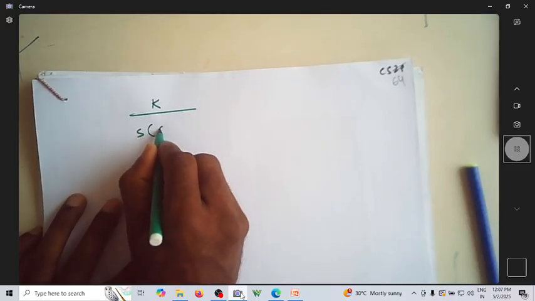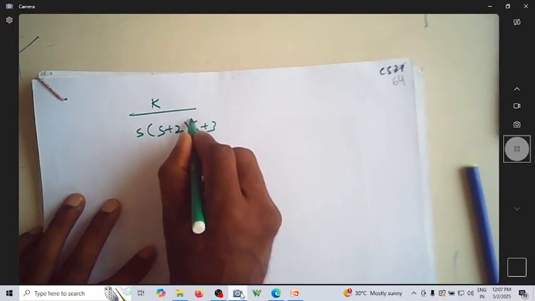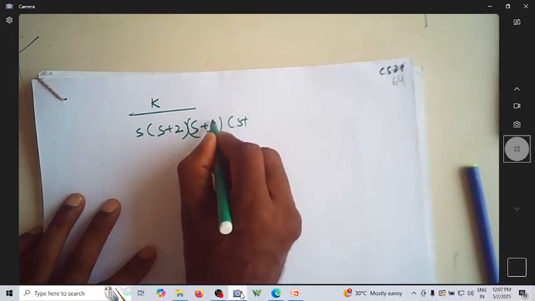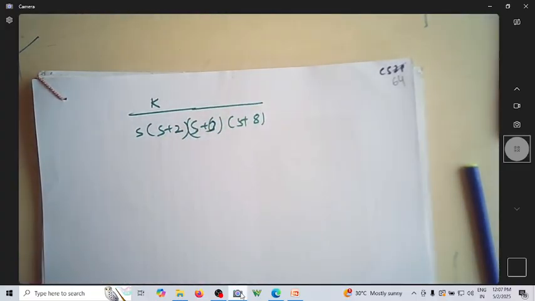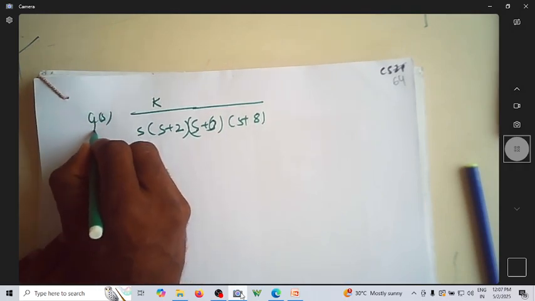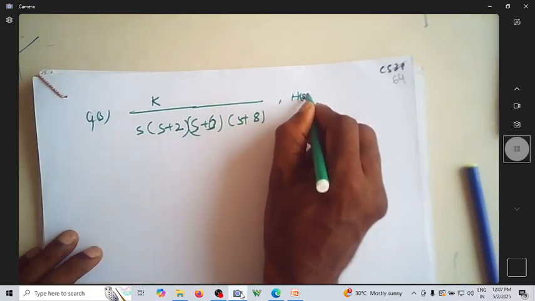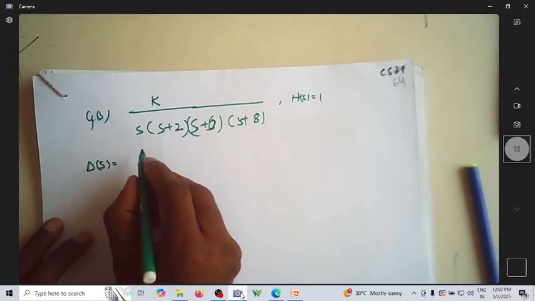It is s into s plus 2, s plus 3, s plus 6, s plus 8, so that it is easy for me to do the calculation. This is my g of s, and your h of s is equal to 1. Then what is delta of s? It is easy for me to write.